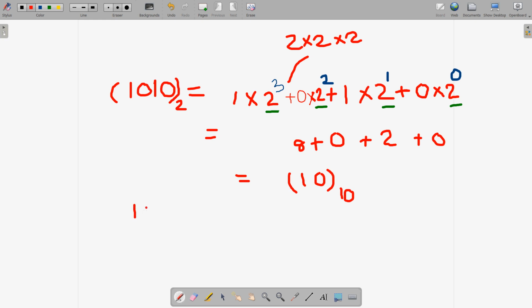So the questions for the homework are 101, let us take a 3 digit one, then 11101, and one more, that is 1011. Clear? So these are the 3 numbers. Try to convert these into decimal, and how to convert this we have already seen. Clear? So this will be the question for your homework.